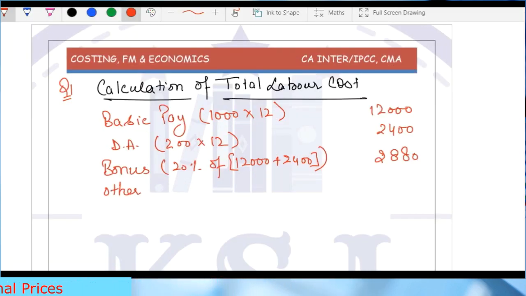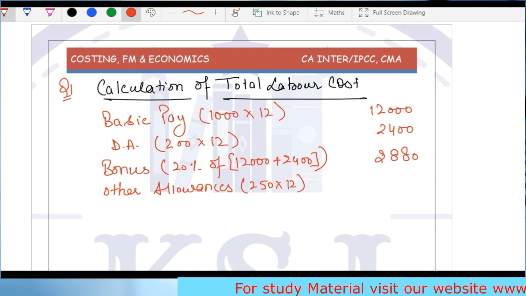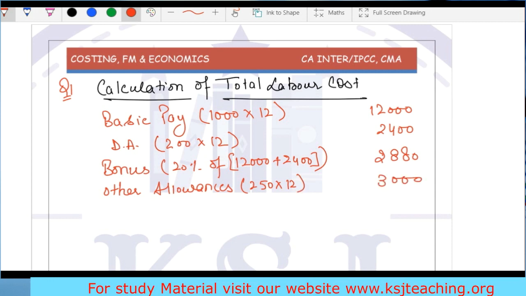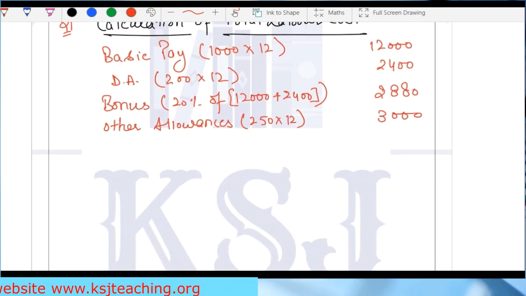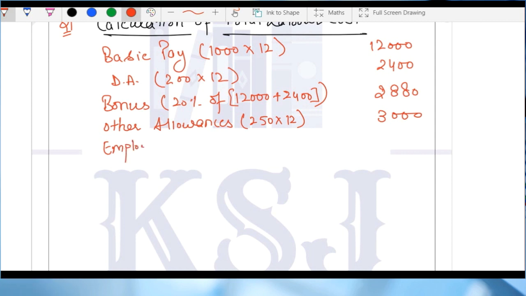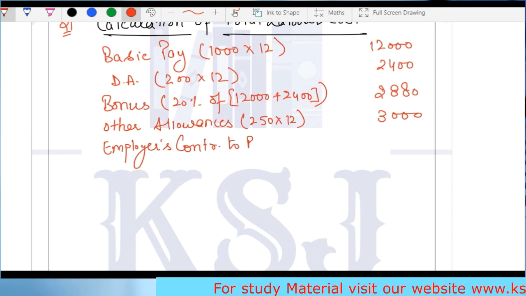Then other allowances, 250 per month. 250 multiplied by 12. So this comes to 3000, right? Then we have employer's contribution to PF.